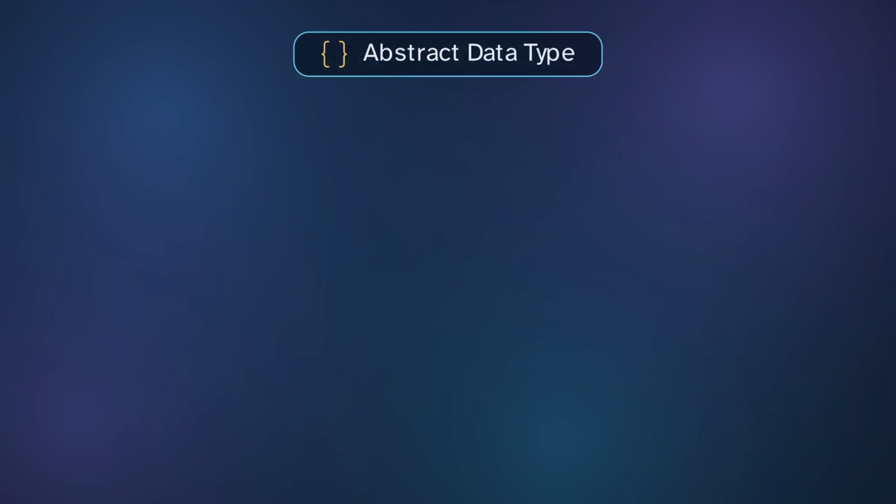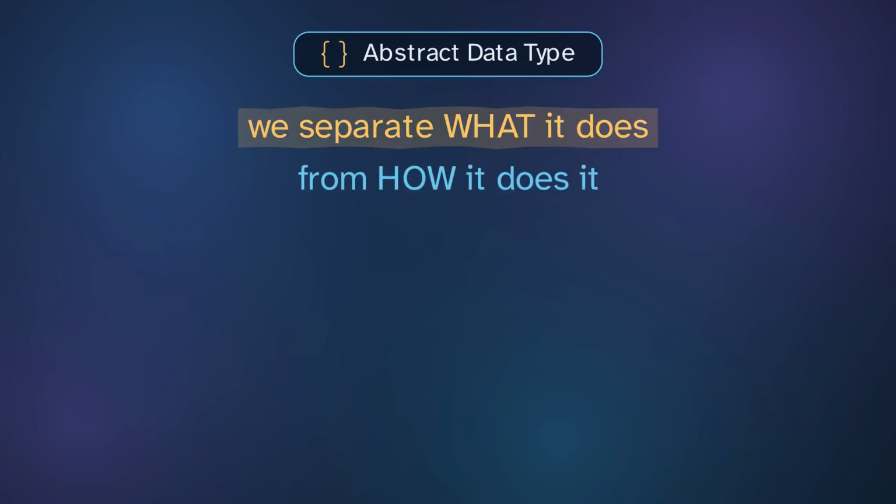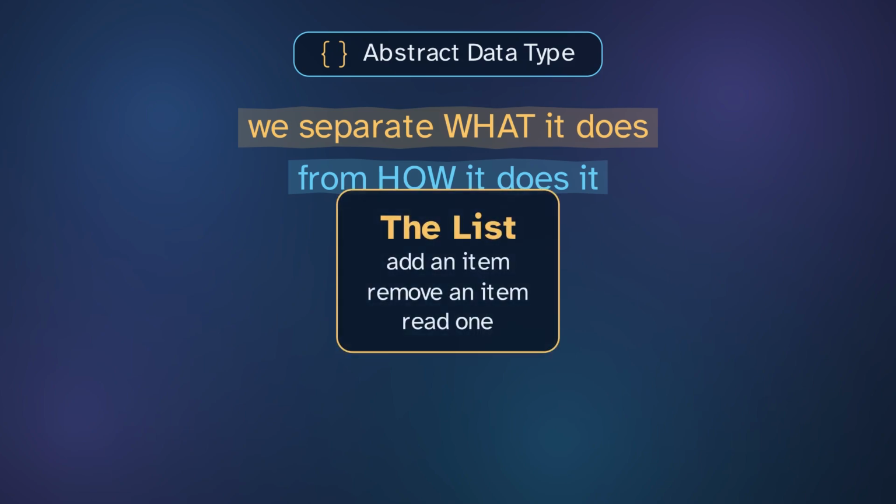One last piece of vocabulary, and it is one professionals use daily. We separate what a structure does from how it does it. The what is called an abstract data type. It is a list of the operations and nothing else. For example, a list must let you add an item, remove an item, and read one.